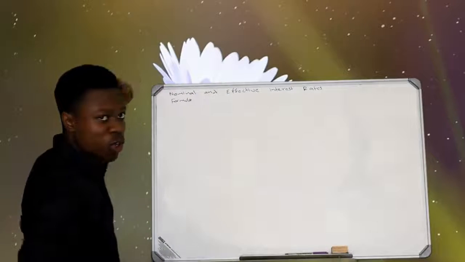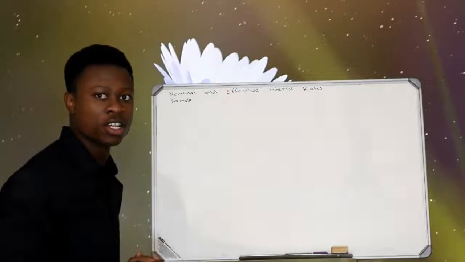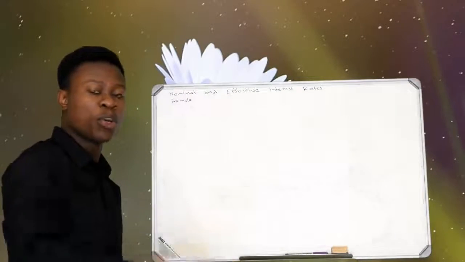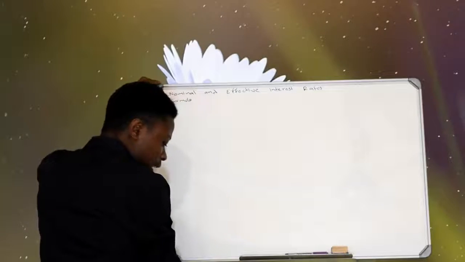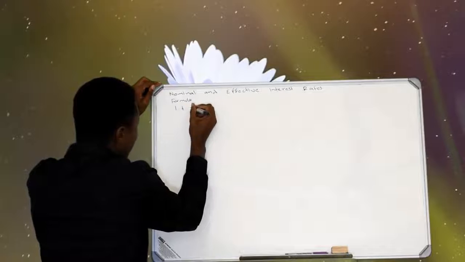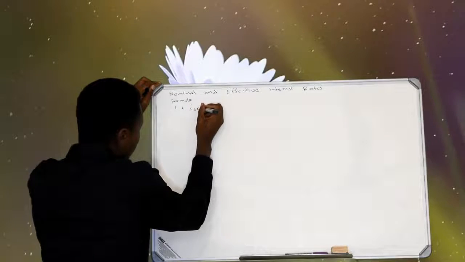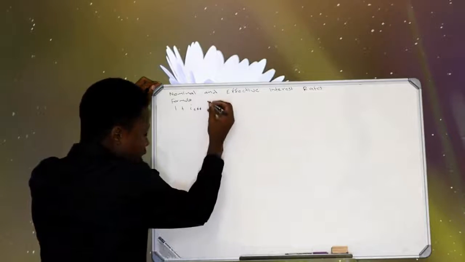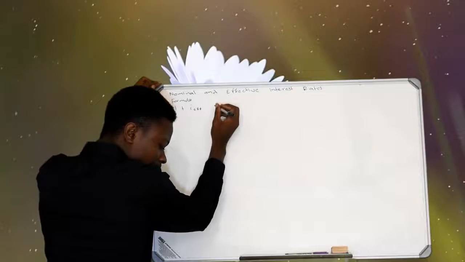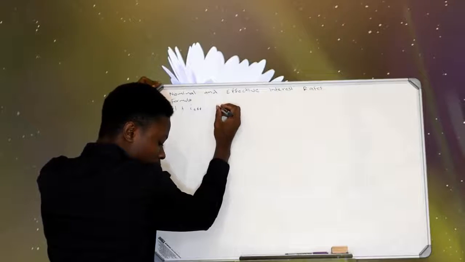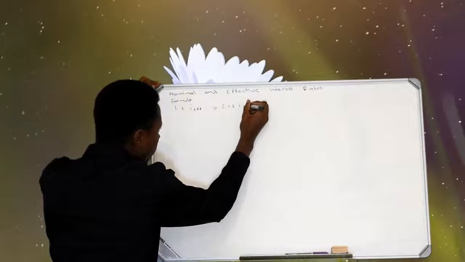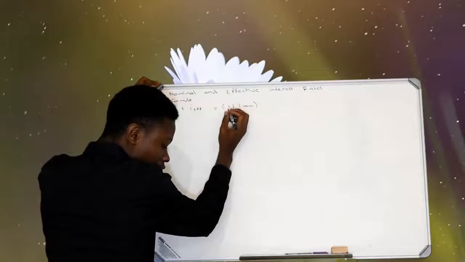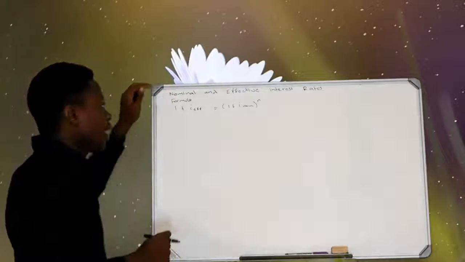I hope some of you still remember it. So get your pad again, start writing, don't just look at me. Do something, right? The formula is 1 plus I effective is equal to 1 plus I nominal over n, to the power of n, right?